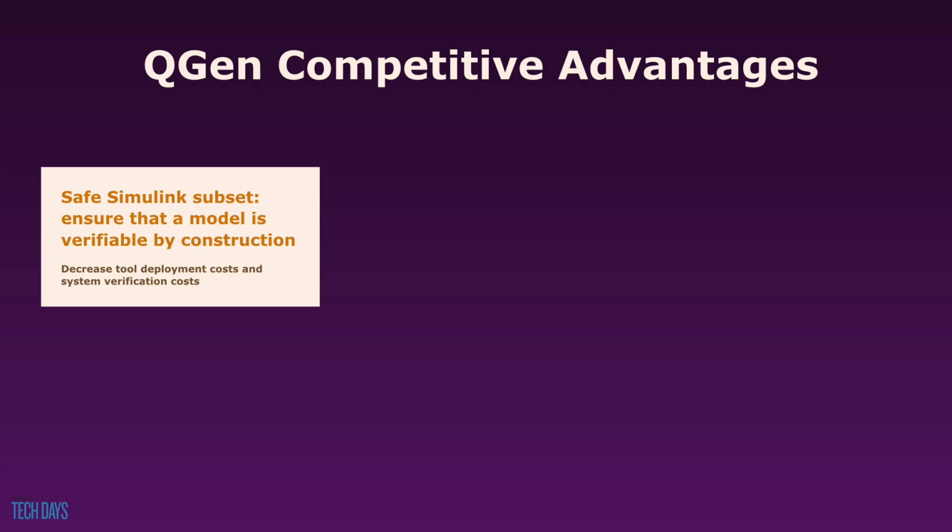So what makes QGen interesting? It provides a safe Simulink subset. It automatically validates the subset as you use QGen.